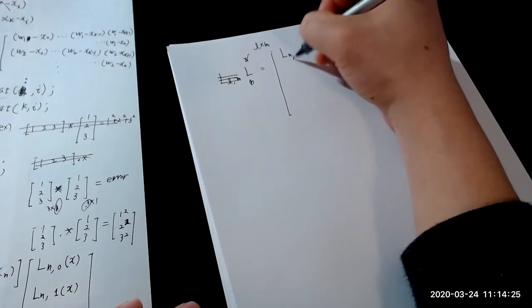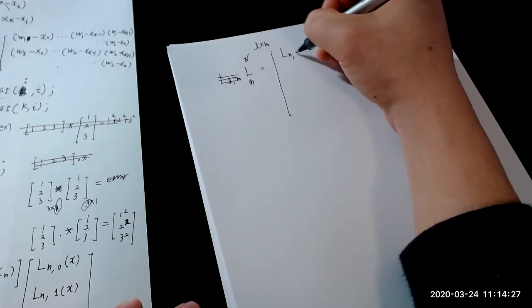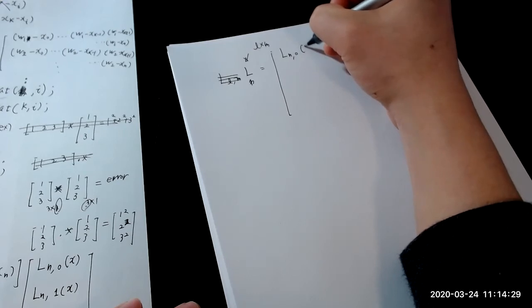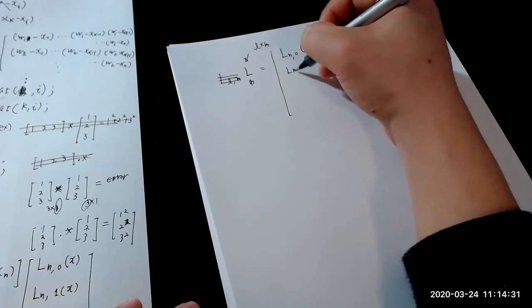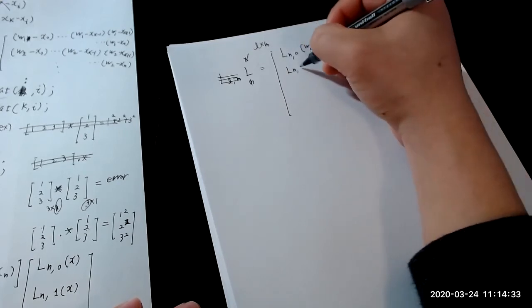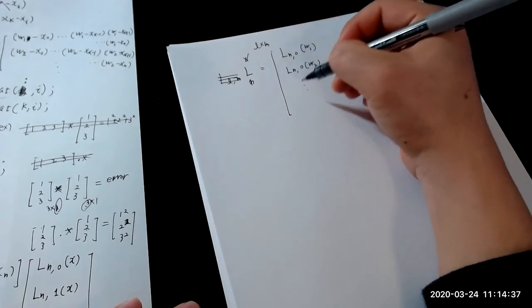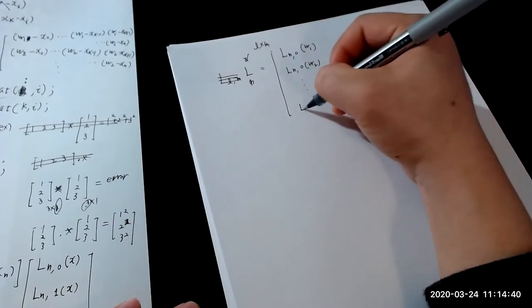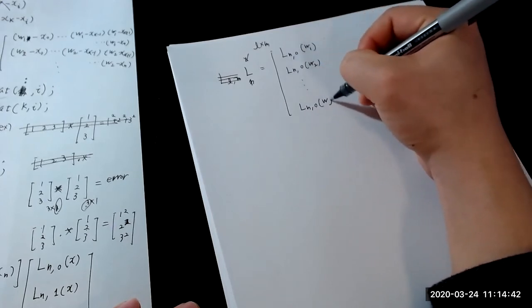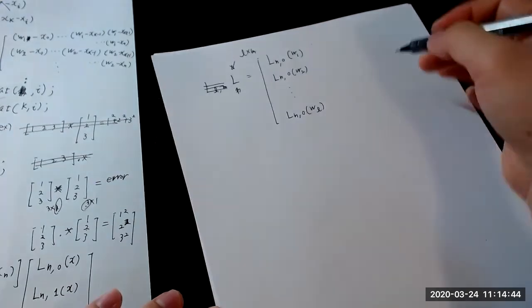The first column is L_n,0 of W1, L_n,0 of W2, and L_n,0 of WL.